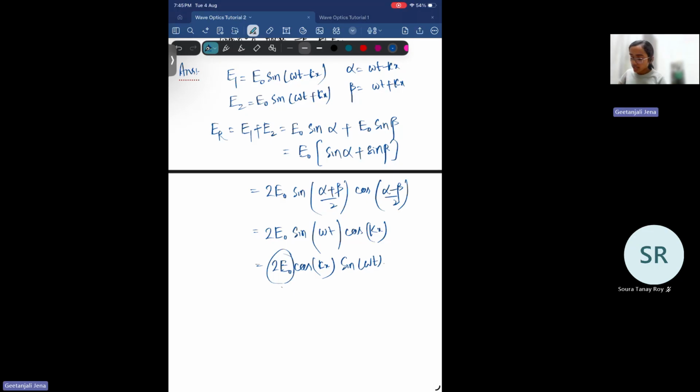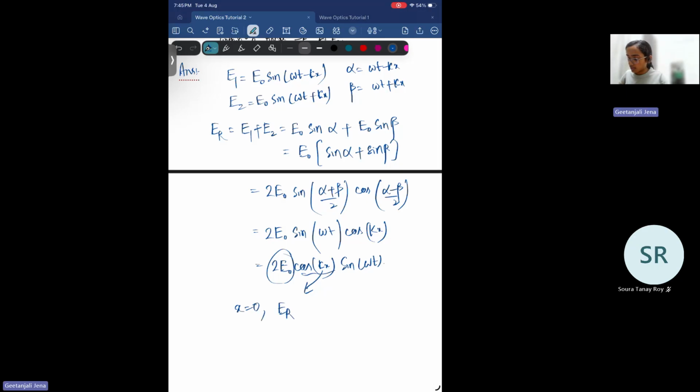Right? So this is a standing wave, and to find out the node we need to find the value at which cos kx is 0. And for the antinode we need to see the places where the amplitude is maximum. This is for the case, let's say, x equal to 0. This will be 1.